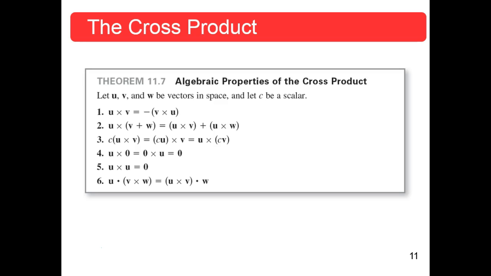Now here's sort of the weird thing. u dotted with v cross w is the same as u cross v dotted with w. What? There doesn't seem to be any logical sense of why that's true. But this produces a vector, dotted with a vector gives you a scalar, and that's a scalar.